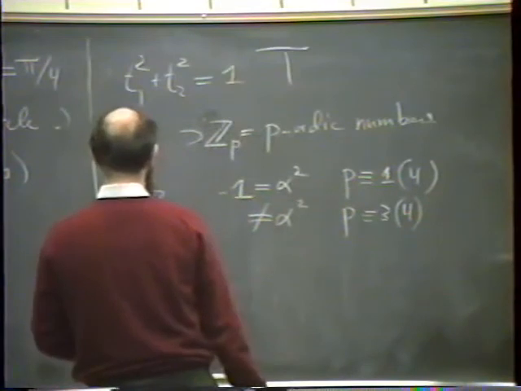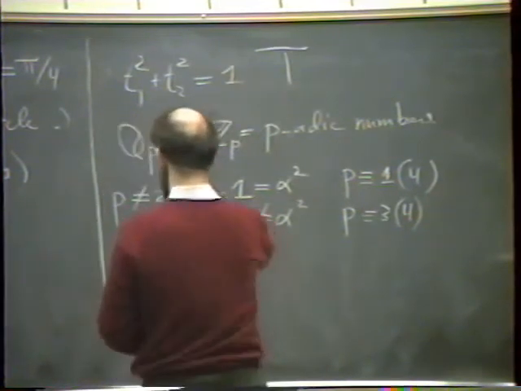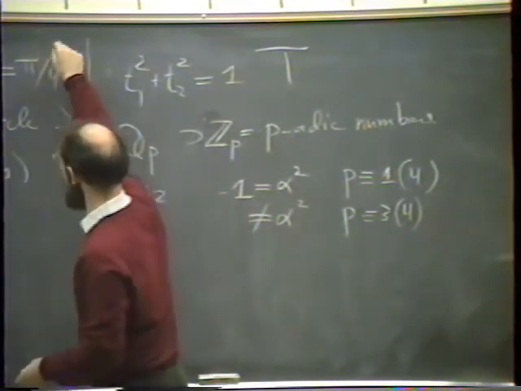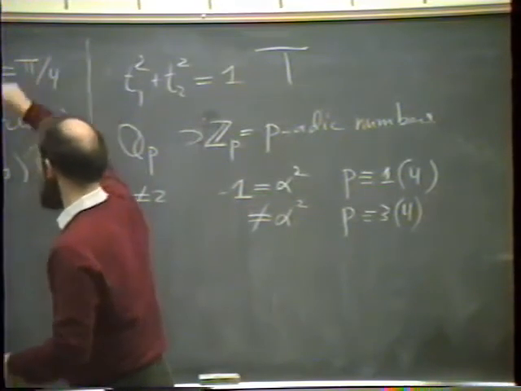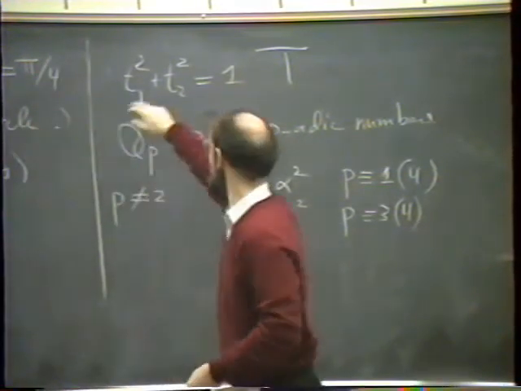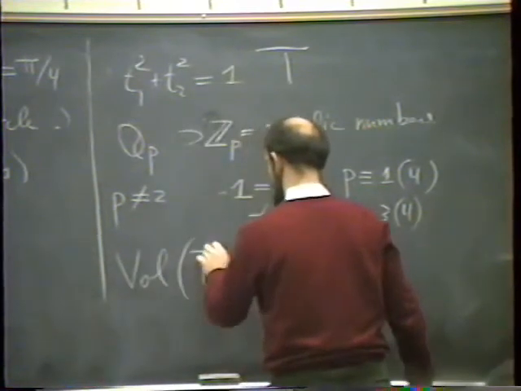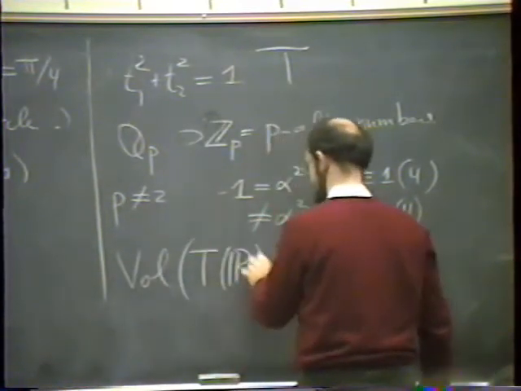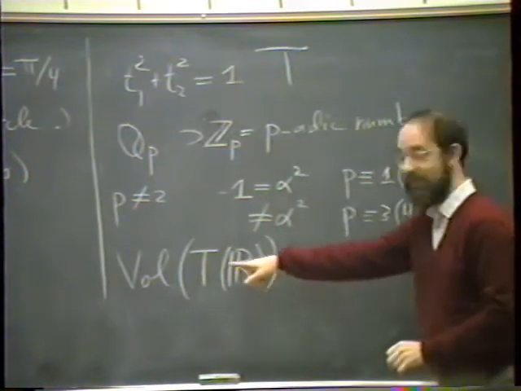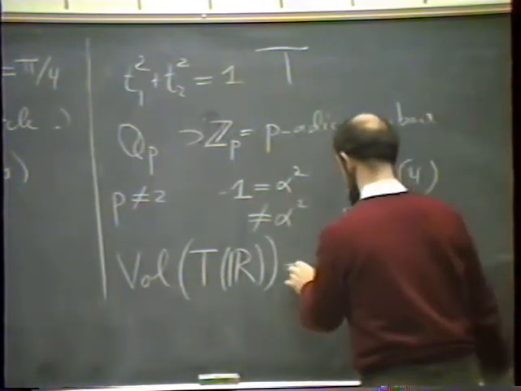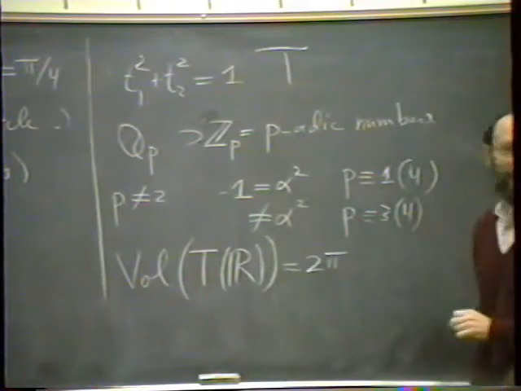So now we want pi, or 2 pi, or whatever, is after all the volume of a circle, right? If we look at the volume of the real points of this T here, that's 2 pi in some sense.